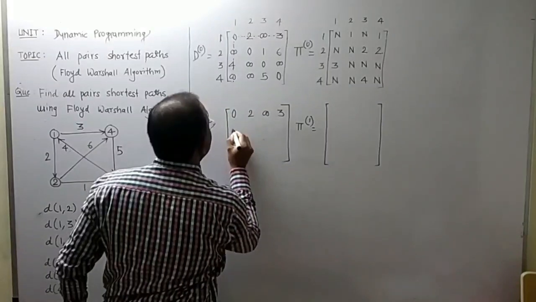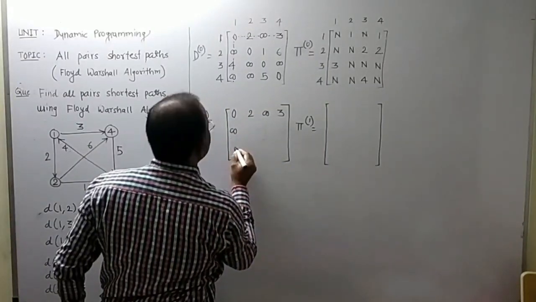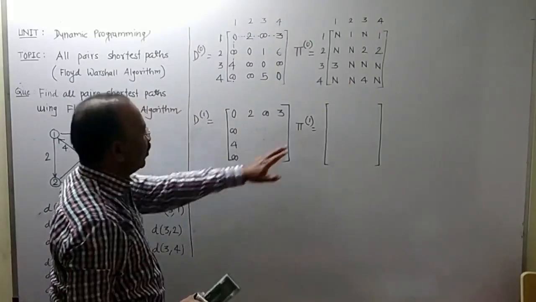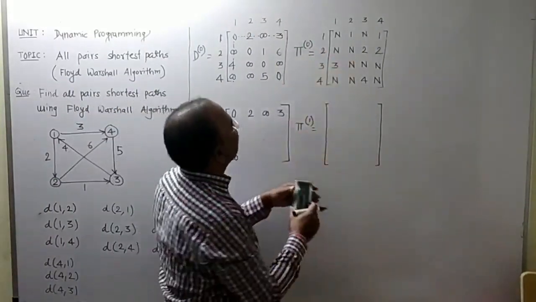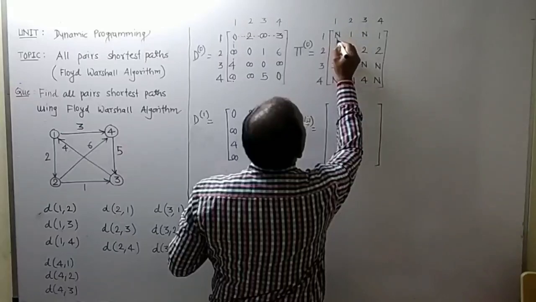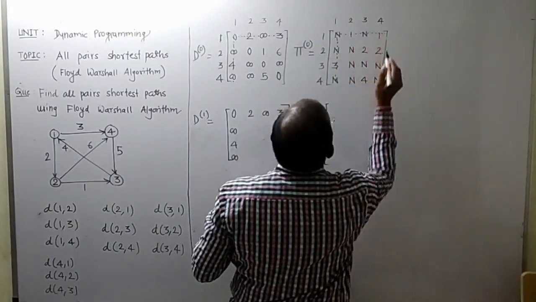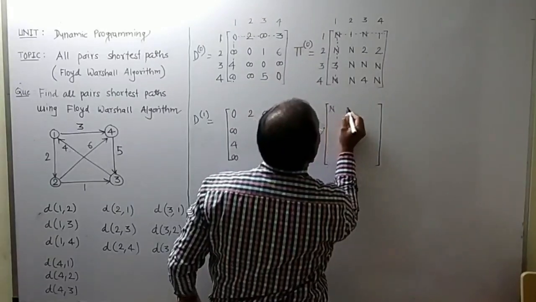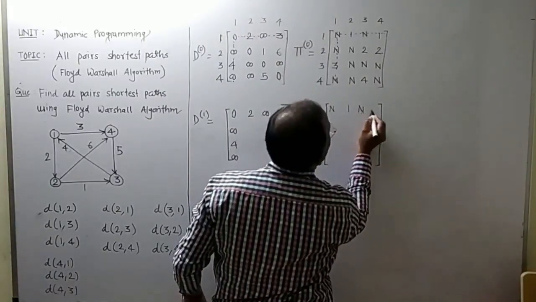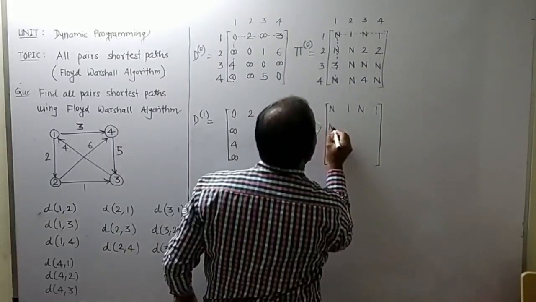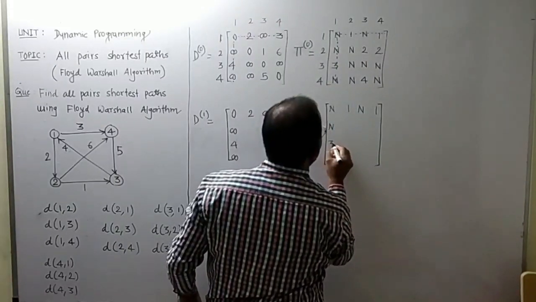Similarly the first column: infinity, 4 and infinity. In pi 1 also, write the first row and the first column as it is. That is nil, 1, nil, 1. Then write the column: nil, 3 and nil.